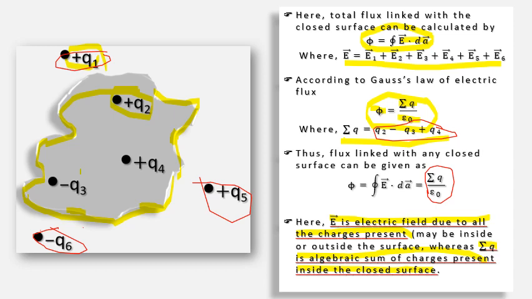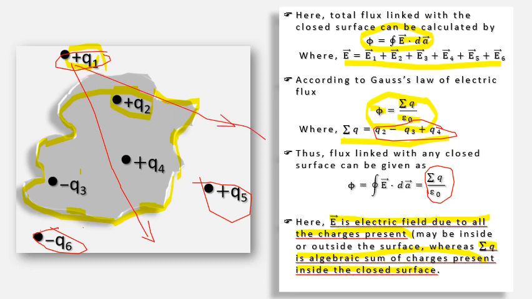The answer is, if you consider q1, suppose I consider one field line, it is entering into the surface, but at the same time that field line is going to leave the surface also. So what is the net flux linked due to q1 with the surface? Net flux due to q1 is 0. Whichever number of field lines of q1 are entering the surface, they are leaving as well.